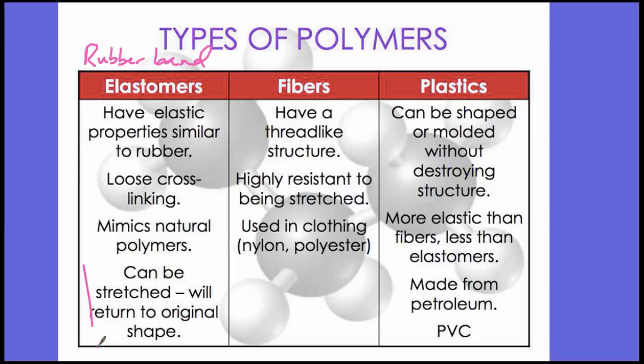It flies. It goes back to its original shape. These mimic natural polymers. They have elastic properties if you stretch them. So the exercise wear, socks that have the elastic, anything that you can stretch and it'll return back to its original shape.